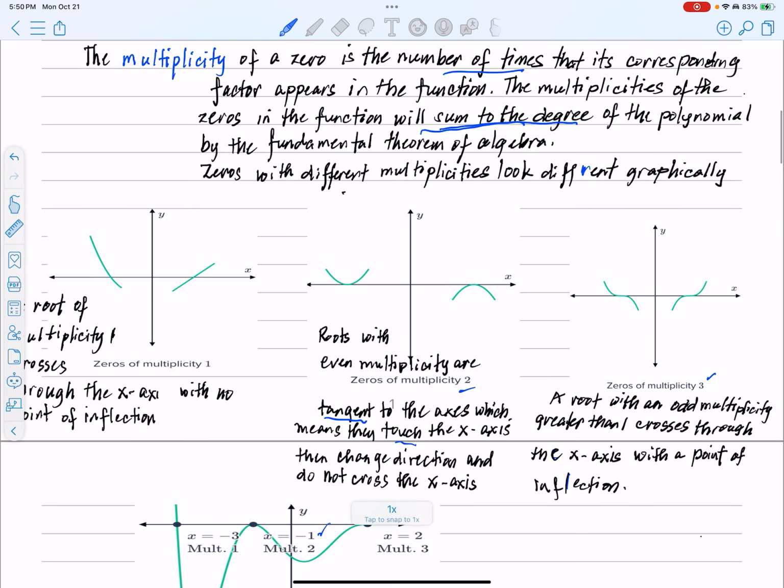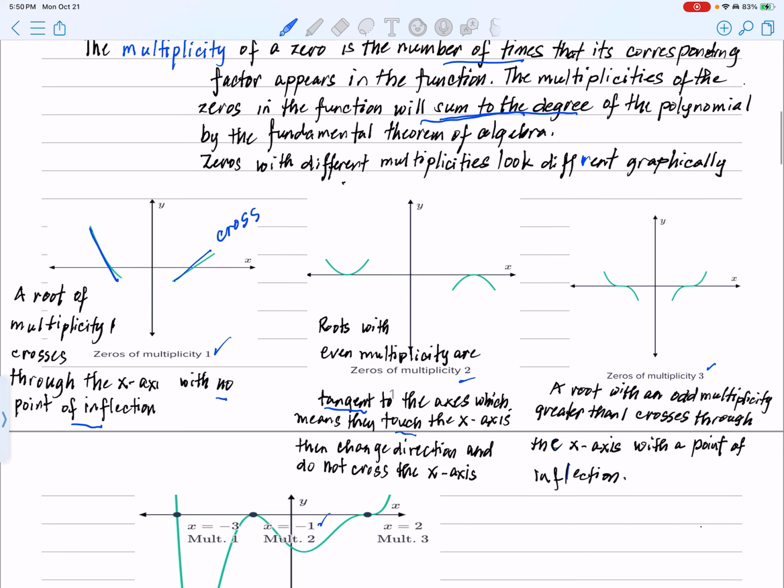On this graph on the left side, a root of multiplicity 1 will cross the x-axis, whether going up or going down, with no point of inflection, because there is no change whether it goes up or down.